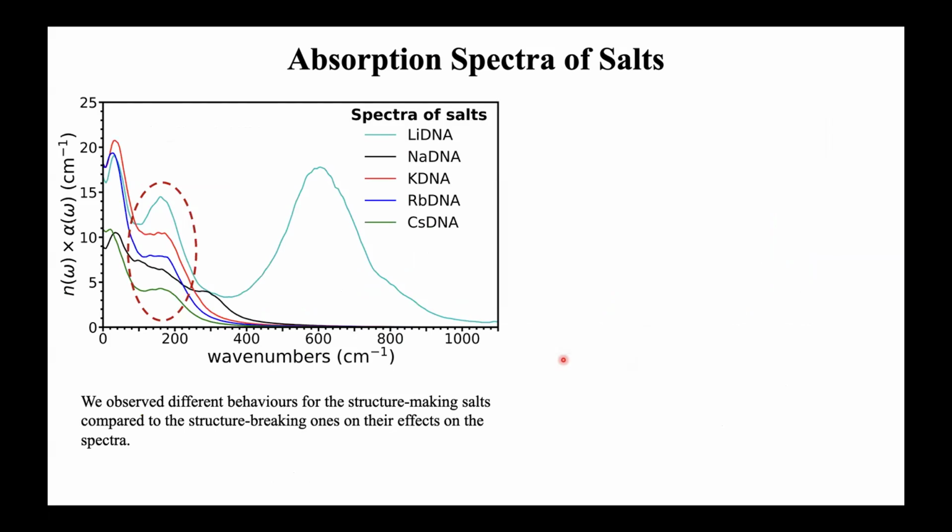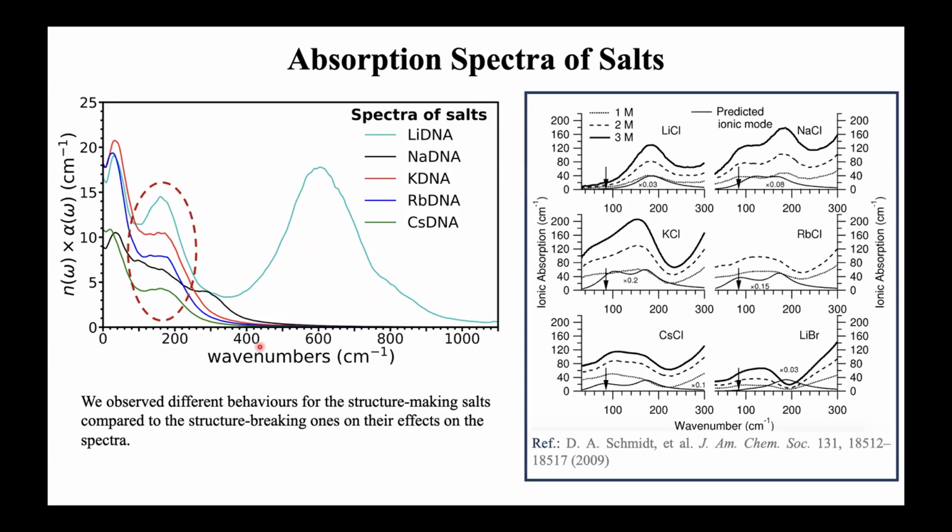They reveal the qualitative difference between structure-making cations and structure-breaking cations. The spectra of the salts of the structure-making ions show three distinct absorption bands, while the spectra of the structure-breaking ions show only two absorption bands. We also compared our results with the available experimental data, and our comparison showed good agreement.